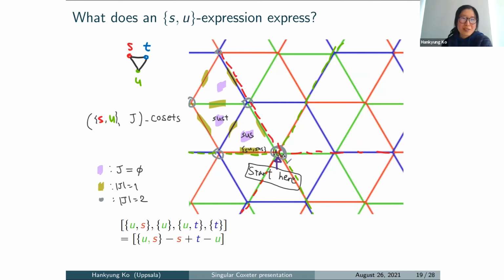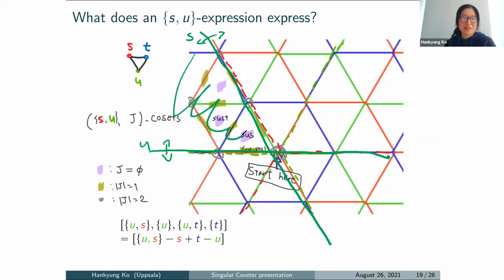Okay, so let's now take a 2-element set on the left, S and U. And similarly to before, it's enough to now look at only this upper side of U, and also this bigger side of S. That means you are restricted to here.